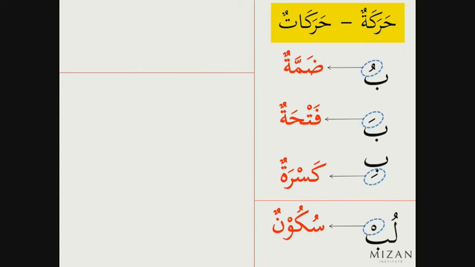Just the three are harakat: dhamma, fatha, kasra, and that is a sukoon. You just stop the sound. Sometimes you apply qalqala, but that's tajweed stuff. Let's say those four together: dhamma, fatha, kasra, sukoon.